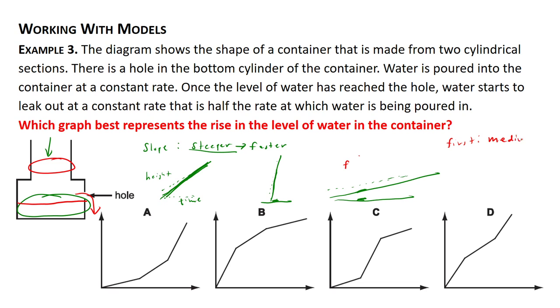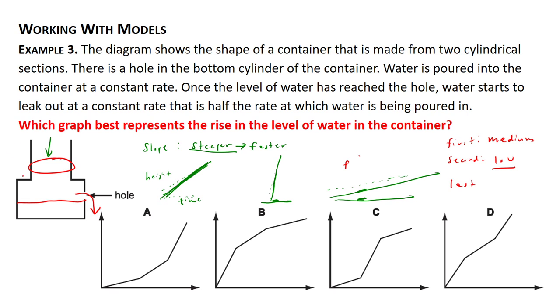For the first part, we get a medium slope. For the second part, we get a lower slope. Again, water is filling this tank. Initially, it's going okay, but once it reaches this hole, the rate will be lower because of the hole, so we expect a lower slope on the second part of the graph.